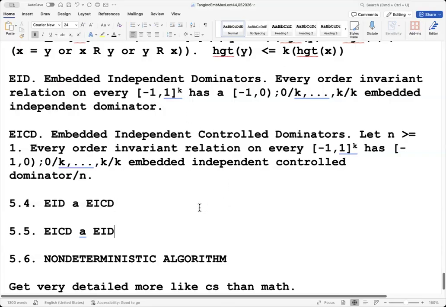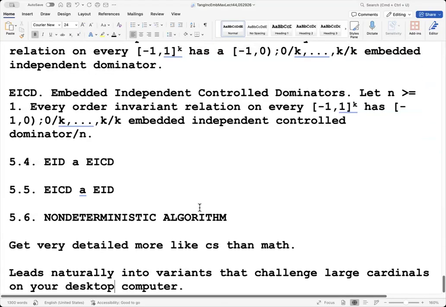All right, now I do intend to put in. So you notice that this is more specialized than the chapter 3 stuff because there I talked about usability. I didn't insist that the function have this shape, that the embeddings have this shape. Although I showed in chapter 4 that if you have that shape, that's enough to get large cardinals. But here I go even further.